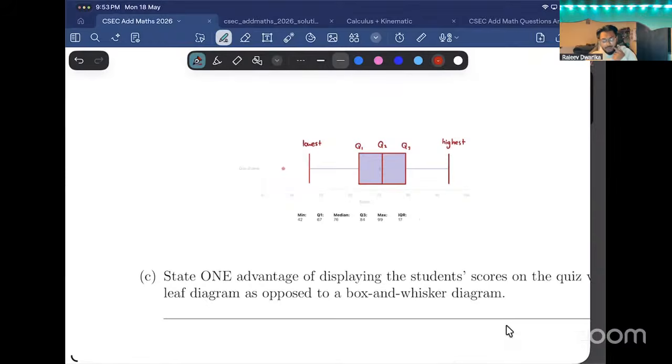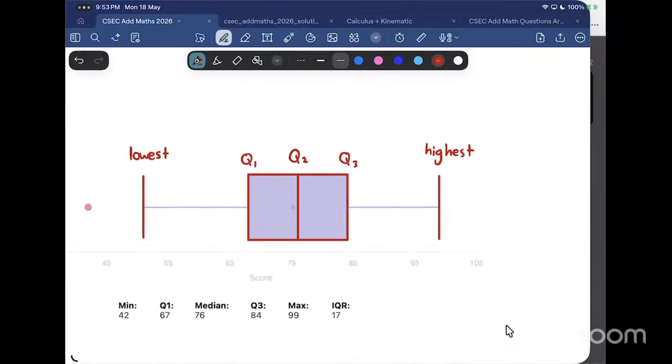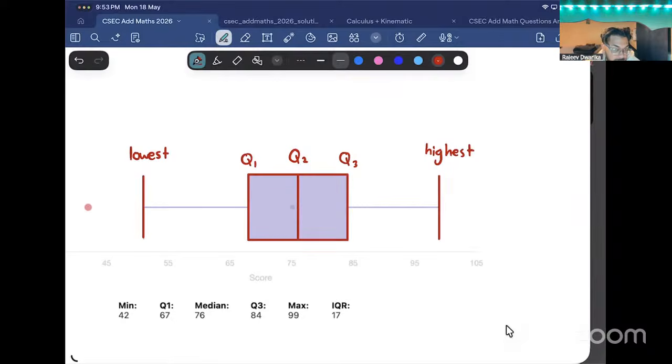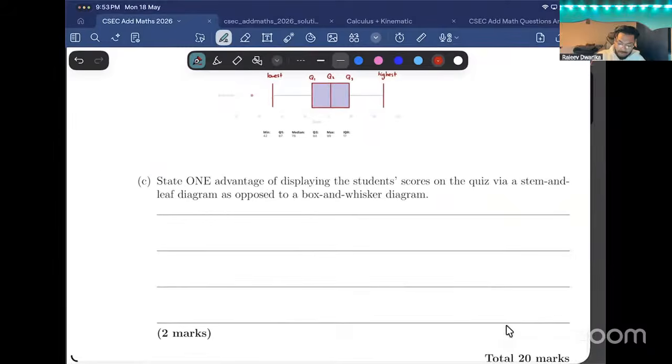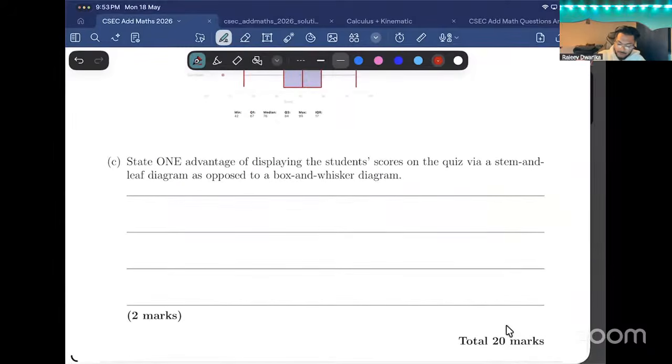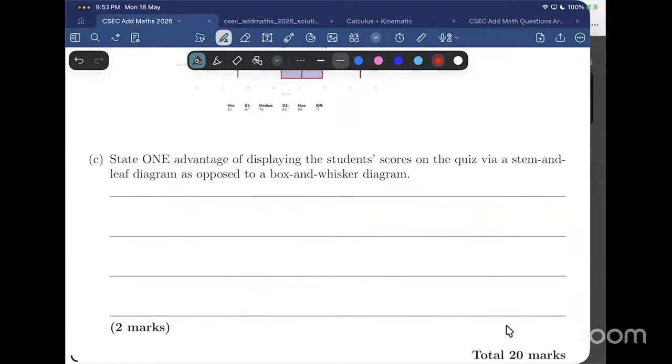Now, with a box and whisker, can you get back all the original data? No. So that's an advantage of the other one. Correct. So state one advantage of displaying the student scores as a stem and leaf diagram as opposed to a box and whisker.